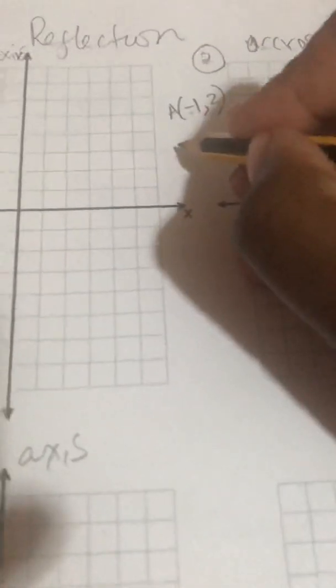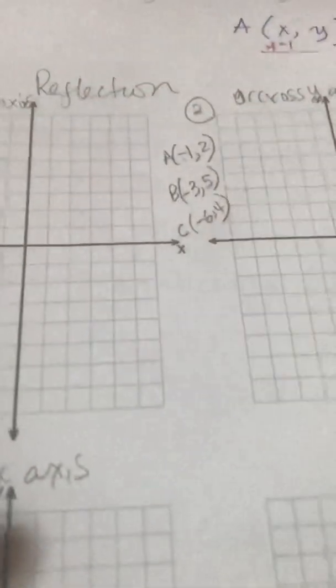Here A is -1, 2. B is -3, 5. And C is -6, 4. Okay.